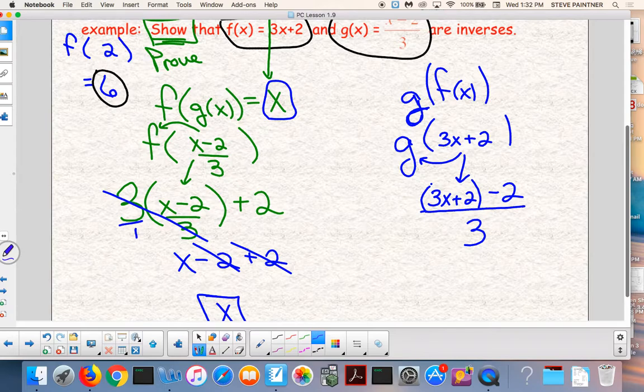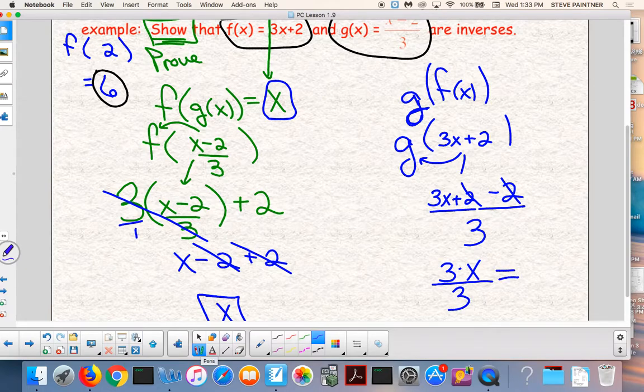Okay, if I'm looking at that fraction, I'm looking at the numerator and I see 3x plus 2. There's no multiplier, so really do I need the parentheses? No. Didn't really need them. Okay, so now what would you cross out? Hopefully the 2's, and your answer now is 3 times x over what? 3.